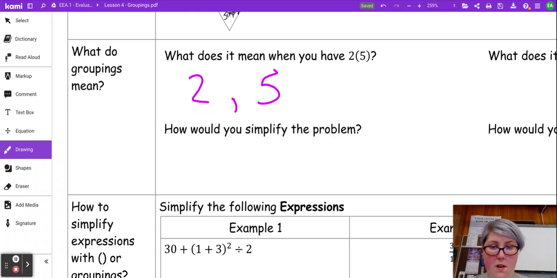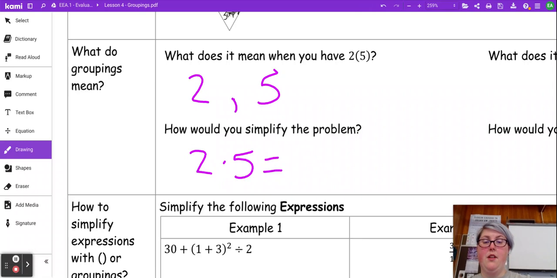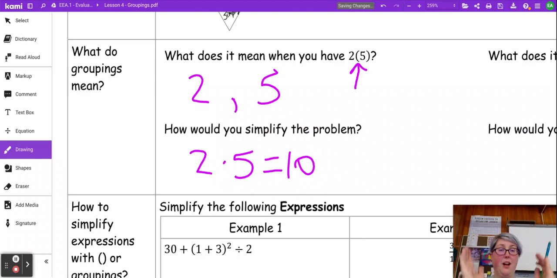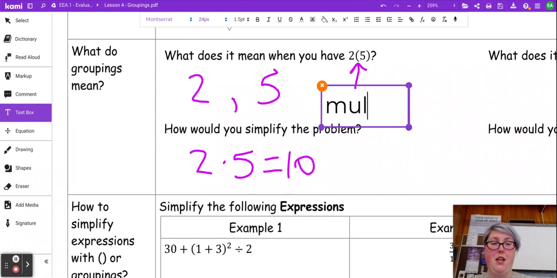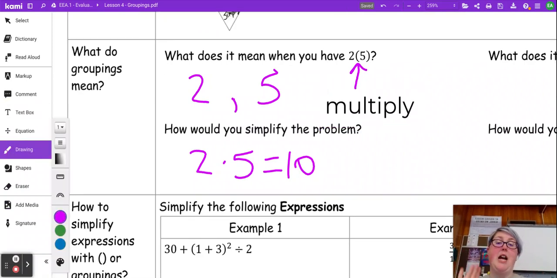And we know that 2 groups of 5, if you go all the way back to when you learned multiplication, means 2 times 5, so this would be 10. So anytime you see a number outside of a parentheses, if there's no other operation, if it's just the number and the parentheses, that means multiply. So 2 parentheses 5 is 2 times 5.